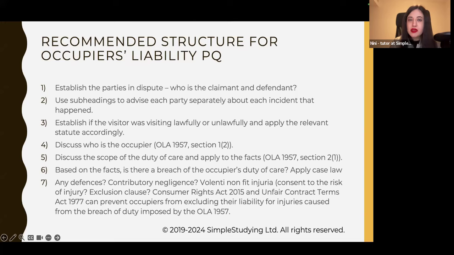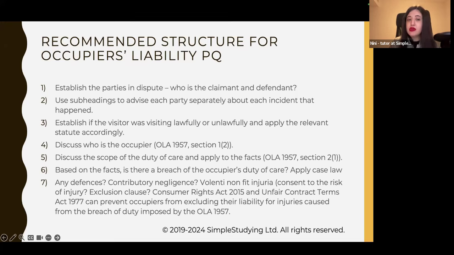Most of the time, when I see problem questions on occupiers' liability, there are different incidents and different parties involved. You have to divide your answer into separate subheadings and advise each party about each incident separately to make your structure very clear.